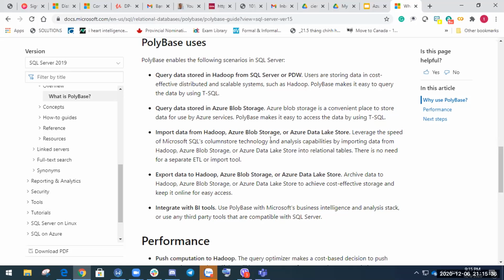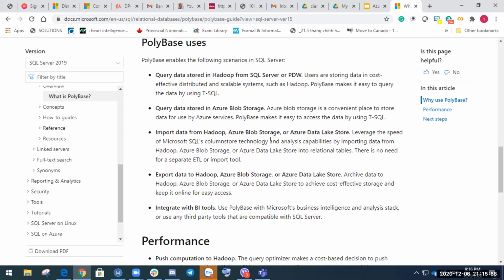Remember when I talked about data lake, or HD Insight, or even Azure Databricks, and I said the underlying file storage is HDFS, right?